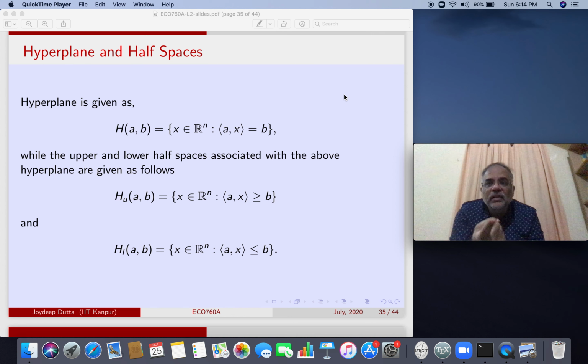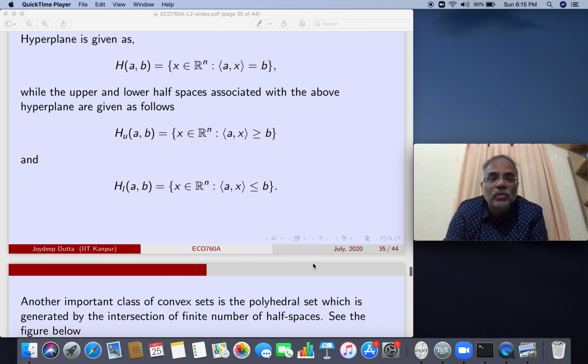That is exactly the way we have defined the sets here: the upper half space is the set of all x in Rn such that the inner product of a and x is bigger than b, and the lower one just reverses the inequality, and the boundary wall is exactly the hyperplane. These are very important where we want to separate convex sets in two different domains, and that's the idea of the separation theorem, which would come at the very end of your study of convexity.